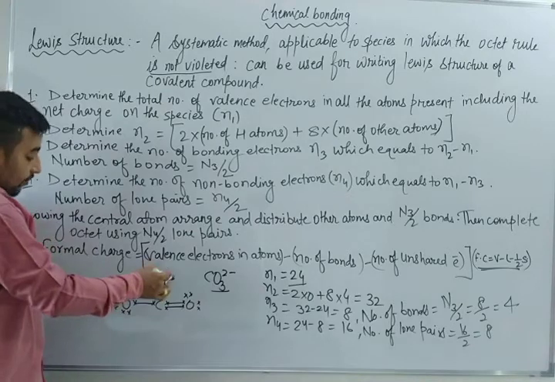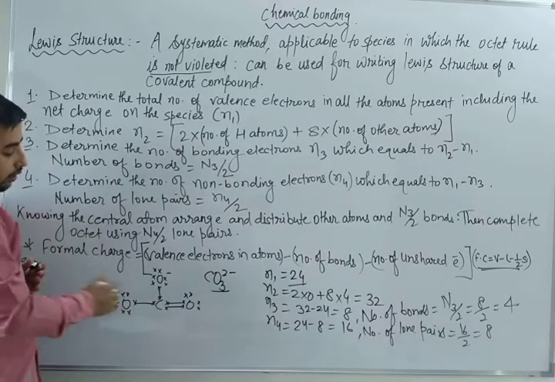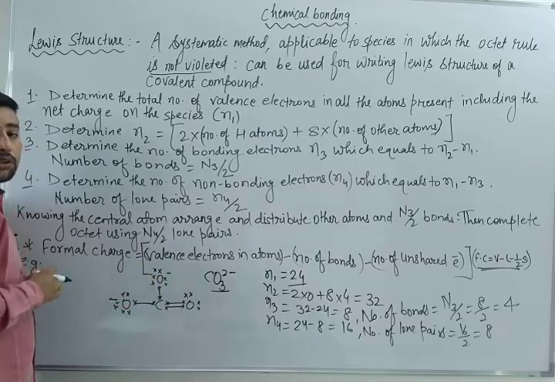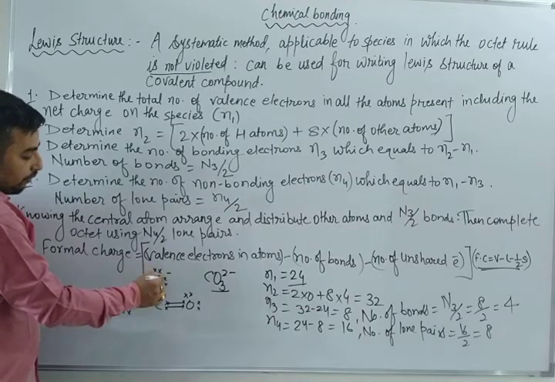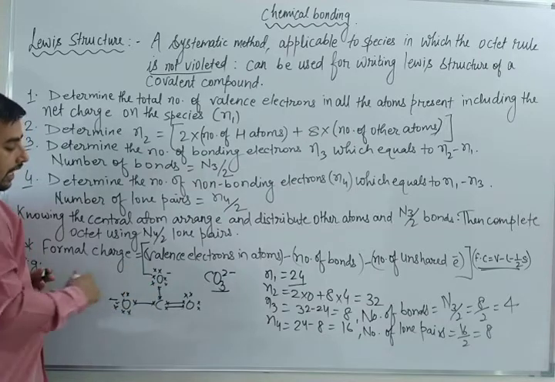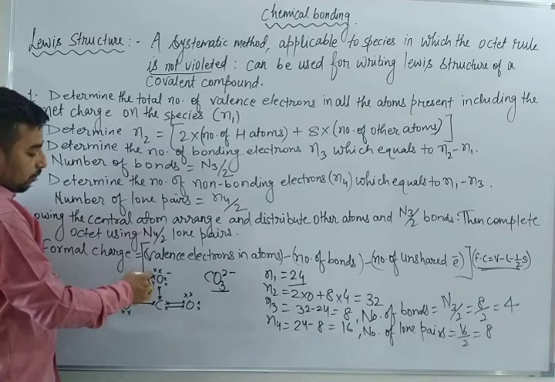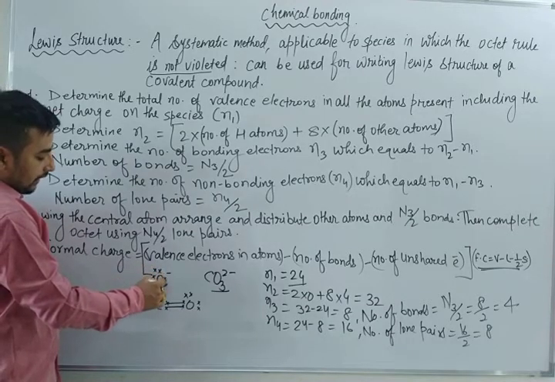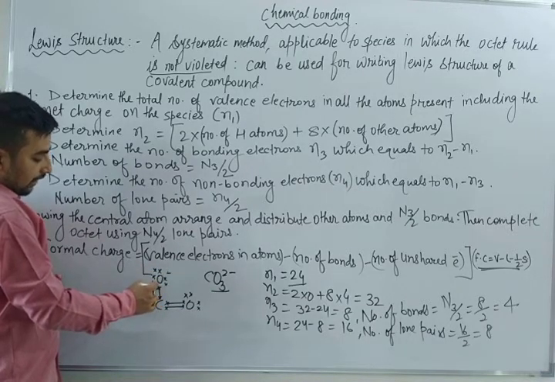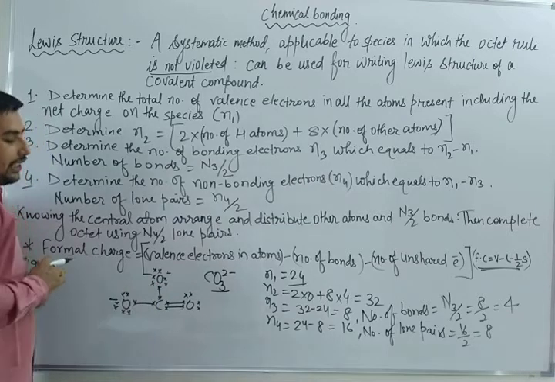Here one more extra electron is there, and here one bond is also there. So 6 valence electrons it was already having: 1, 2, 3, 4, 5, 6. Here carbon has shared one, and now one charge is also there. So you can see here 1, 2, 3, 4, 5, 6, 7, and this one 8. Similarly 1, 2, 3, 4, 5, 6, 7, and this one is 8, since it is shared.